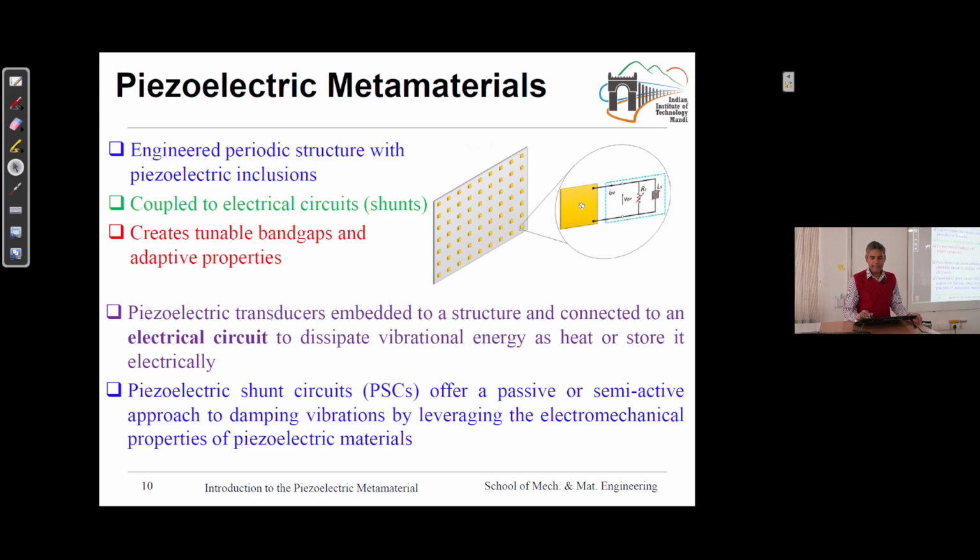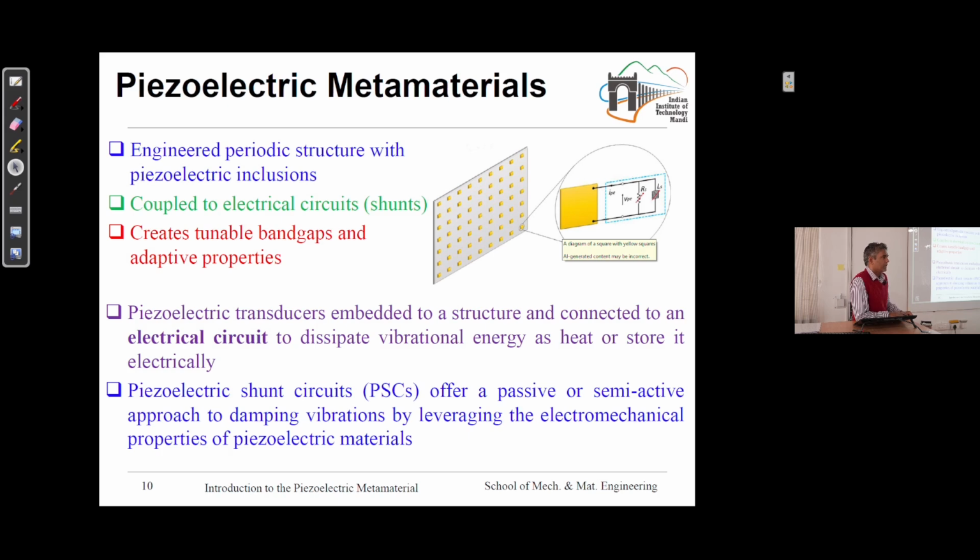So we have capacitor, inductor, and resistance, so we have the shunt circuit. It is just like in the case of vibrations, when we have vibration waves, this piezoelectric material will have energy. That energy can be changed into heat energy with the help of this RLC circuit, right? In this way we can control the vibrations.